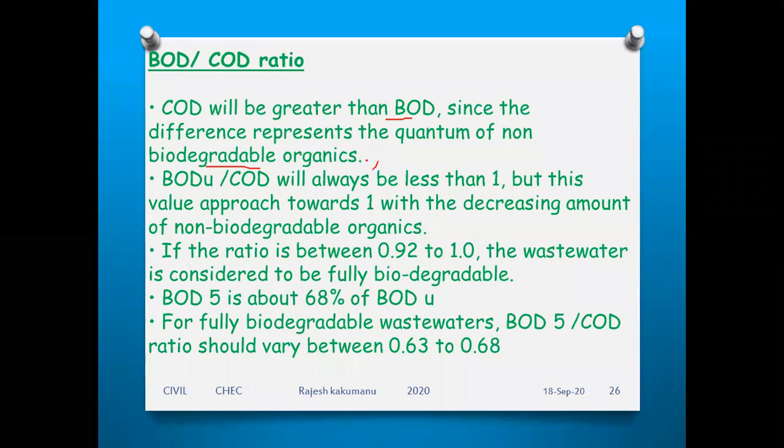Next, the BOD to COD ratio will always be less than 1, but this value approaches 1 with a decreasing amount of non-biodegradable organics. So whenever we take BOD by COD, it should always be less than 1. As it approaches 1, the amount of non-biodegradable organics decreases.